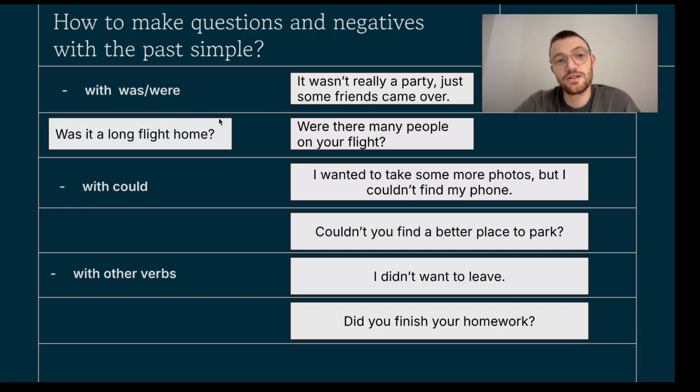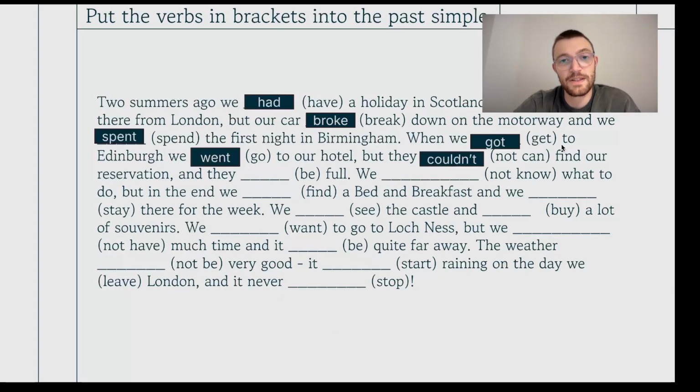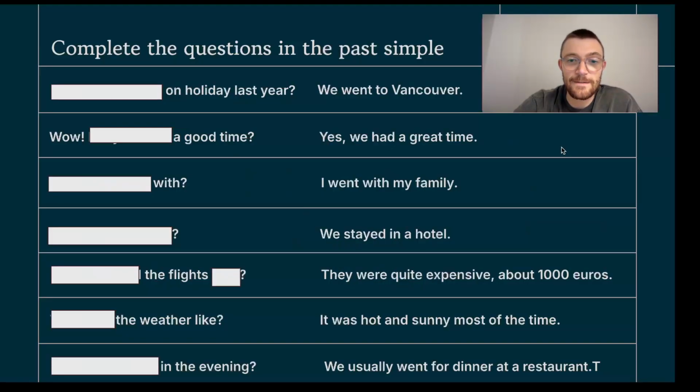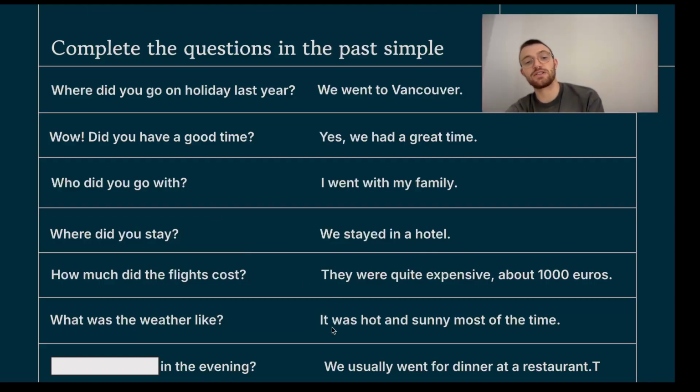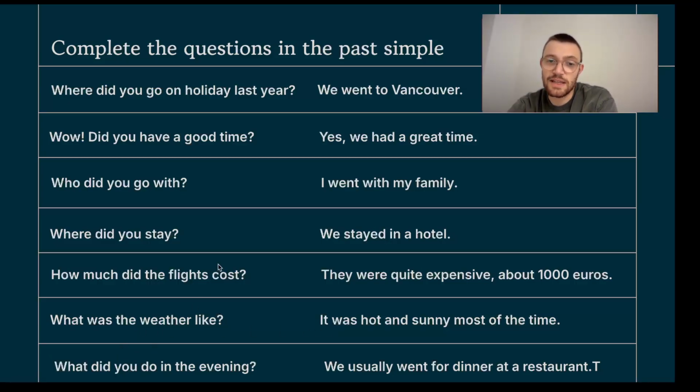So you just put to be directly into the past simple. There we go. Easy peasy. Now, what was the weather like? Okay, and then the last question. We usually went for dinner at a restaurant. What did you do in the evening? We usually went for dinner at a restaurant.